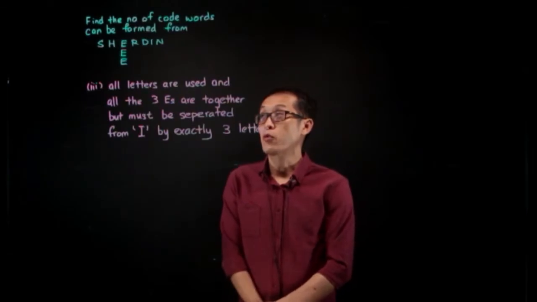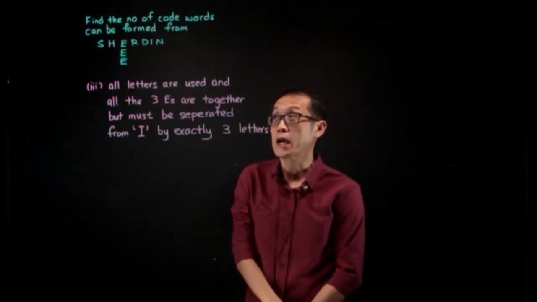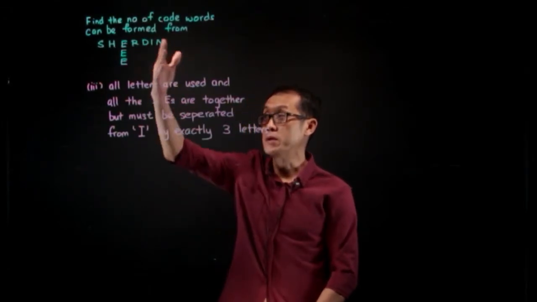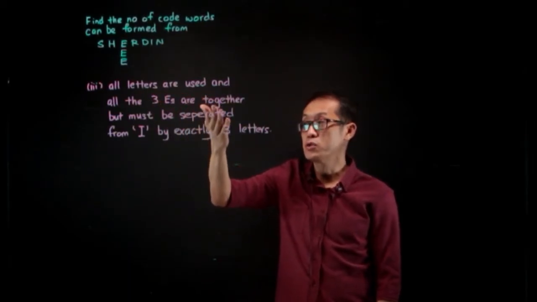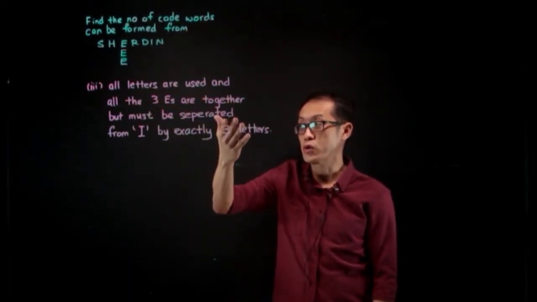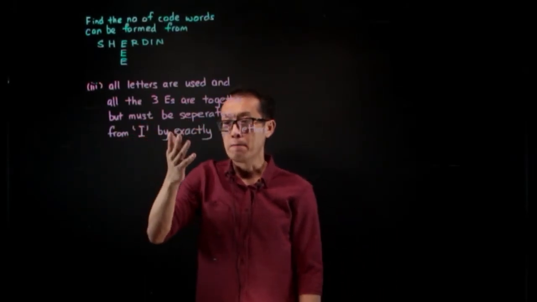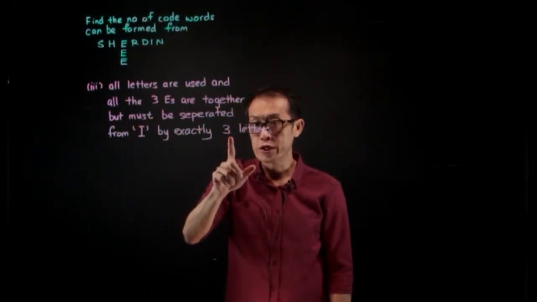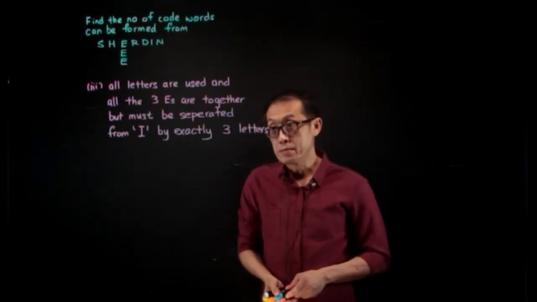Now in part 3 of the question, you are asked to find the number of code words that can be formed from this word if all the letters are used and all the 3 E's are together, but must be separated from I by exactly 3 letters. So what does it mean?